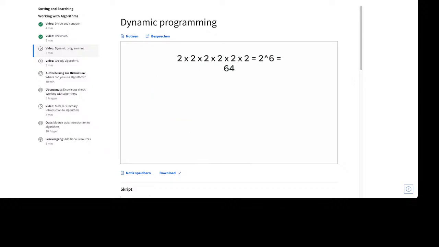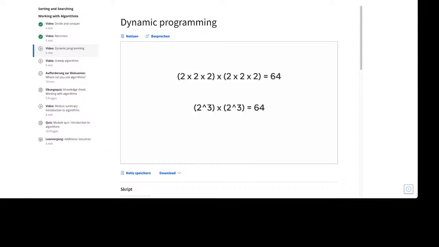So 2 to the power of 6 equals 2 times 2 times 2 times 2 times 2 times 2. Alternatively, you can divide these into two groups where you have calculated 2 times 2 times 2 and again 2 times 2 times 2. That will result in 8 times 8 and again give the same result.